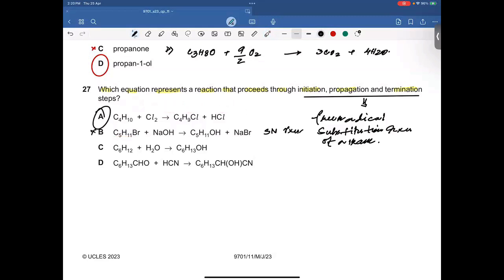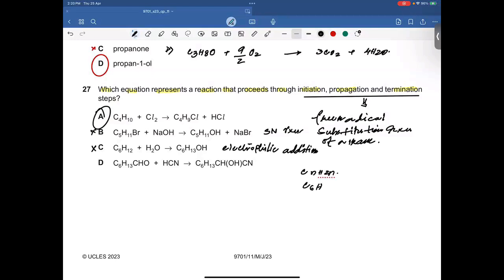Option C is basically C6H12. CnH2n plus 1, 6-12 plus. So this is an alkene. Alkene, when reacted with steam, will form an alcohol. So it's basically electrophilic addition reaction. The general formula of alkene is CnH2n.